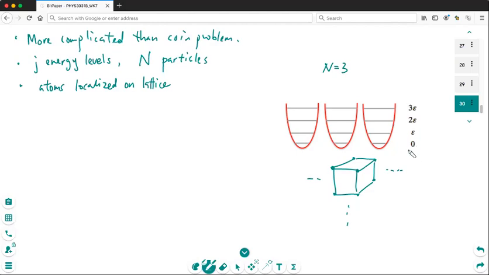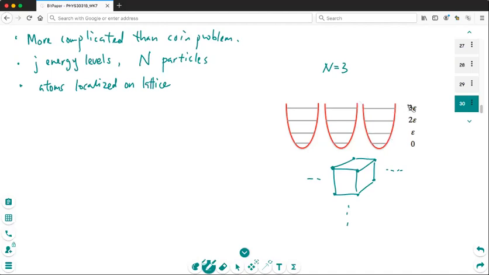Suppose you don't set this to 0. I choose this for convenience. If you start from epsilon and you go up like this, and suppose this is the lowest energy level, you basically have a harmonic oscillator. This is the potential well of a harmonic oscillator.